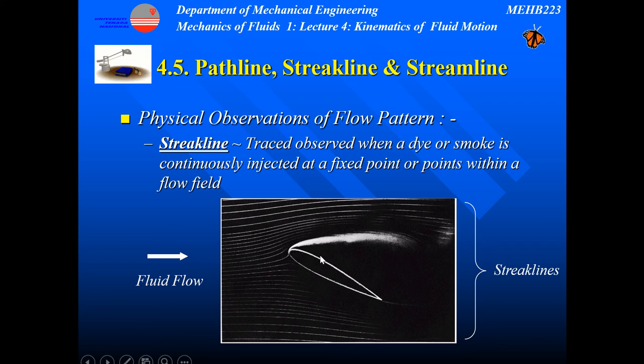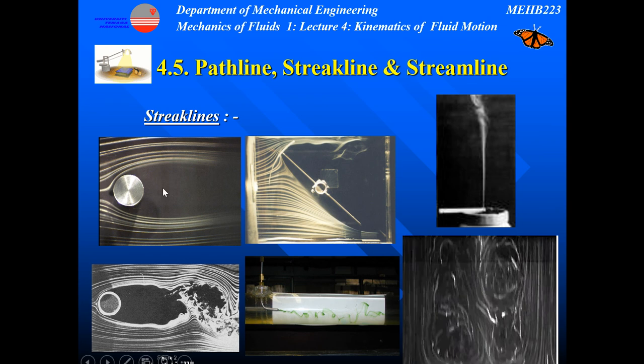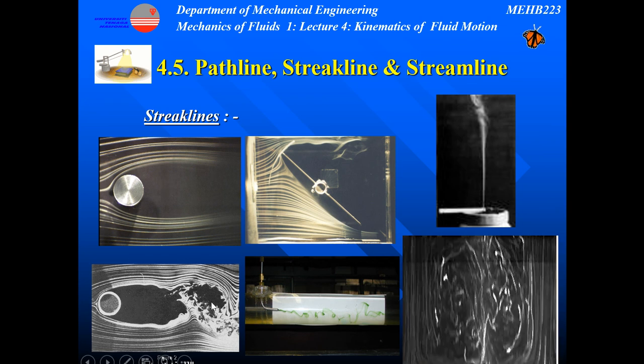After this point, you will not get a straight line anymore, you will not get a pathline anymore. Therefore, this line or trace that you observe here is called a streakline.